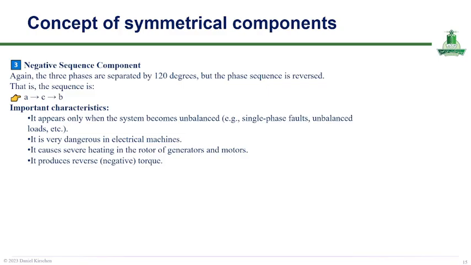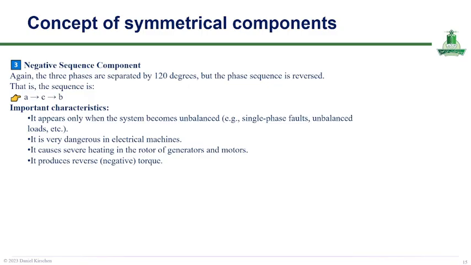The negative sequence component is particularly important because it can have harmful effects on electrical machines. It should be considered in our model, and it can induce excessive heating in the rotor of generators and motors, leading to potential damage if not controlled in our system.